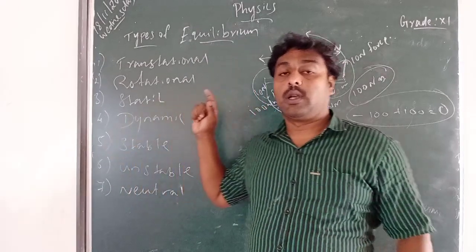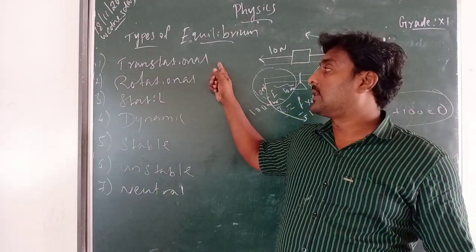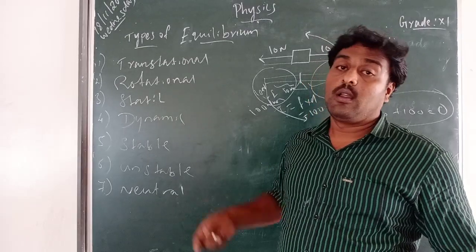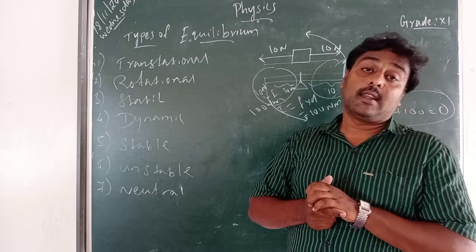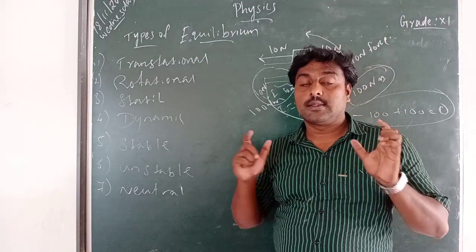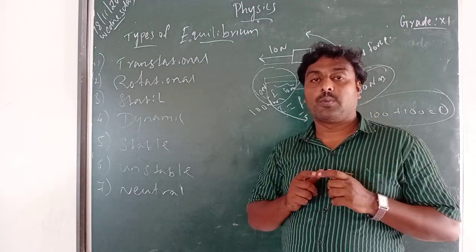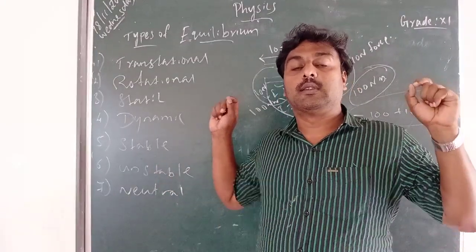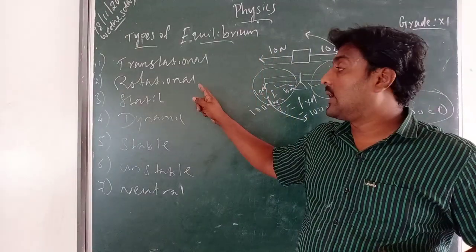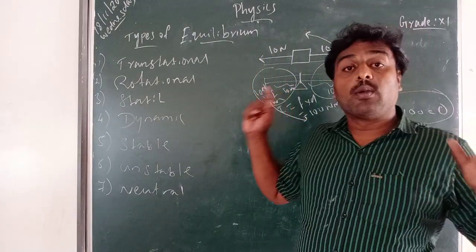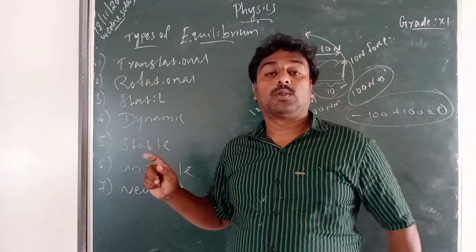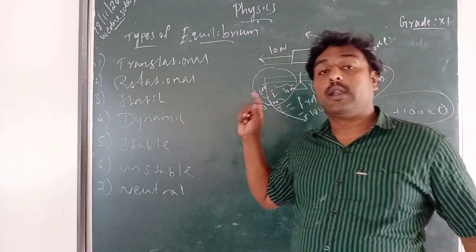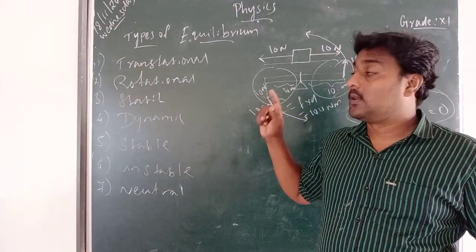So now I have told you about the 4 types of equilibrium: translational, rotational, static, and dynamic. During translational equilibrium, linear momentum is constant and net force is 0. Rotational means angular, so in rotational equilibrium, angular momentum is constant and net torque is 0.